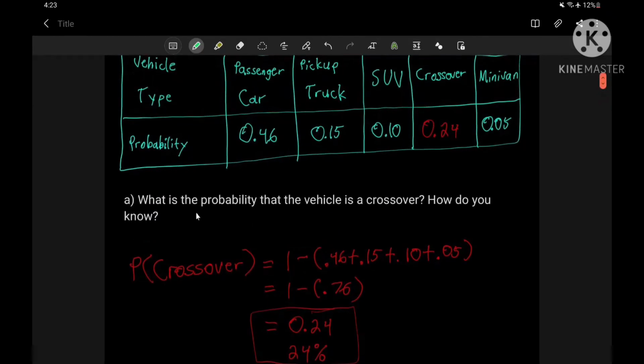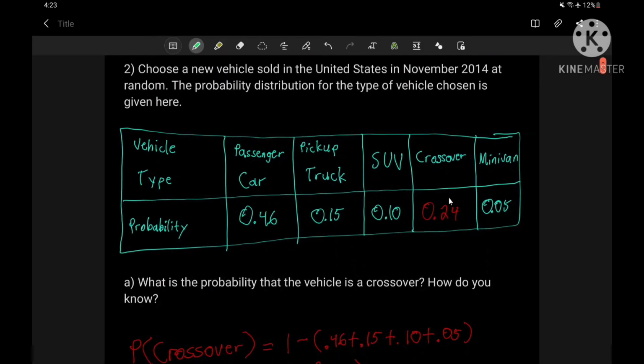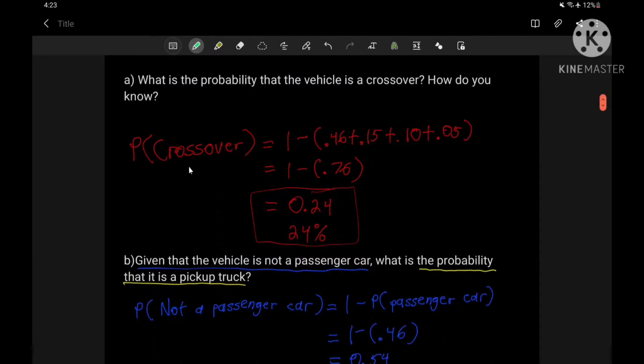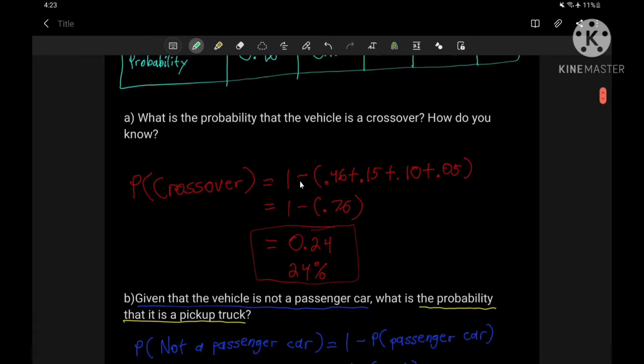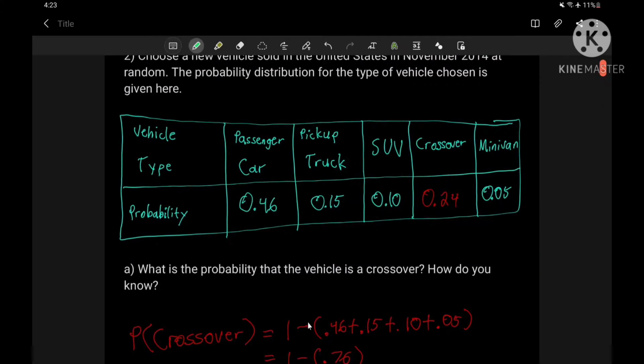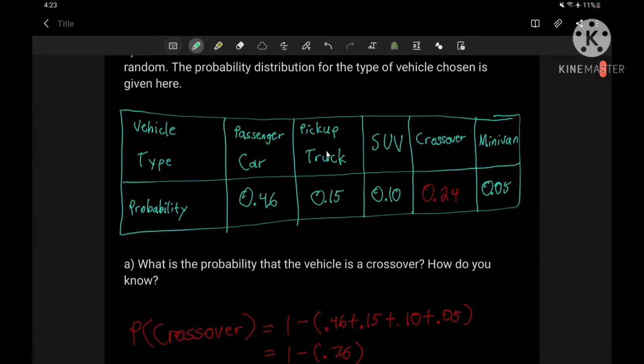Well, you're supposed to know that the probability of everything equals 1, meaning 100%, because the chart is meant to add up to 100%, and it's 1 minus, in parentheses, passenger plus pickup truck plus SUV plus minivan.